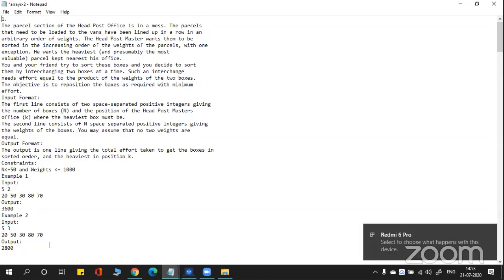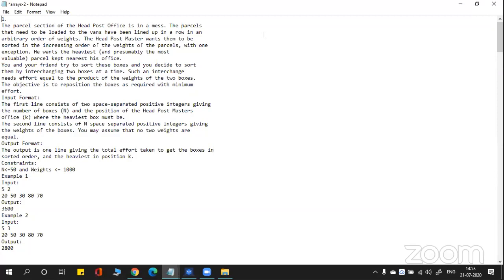Can anyone tell me what is arbitrary order? Arbitrary order of the weights. Can anyone tell me the meaning of arbitrary?